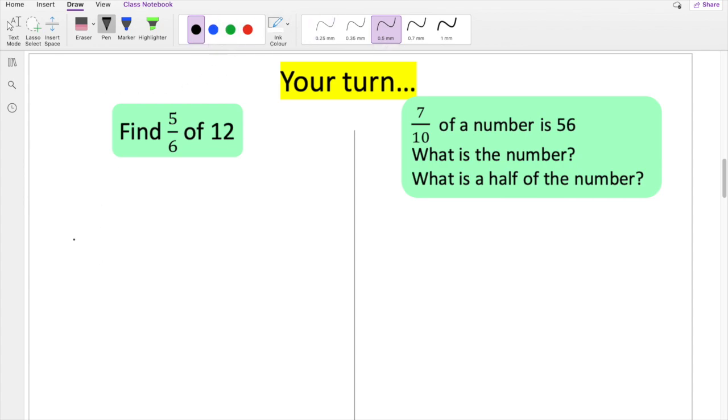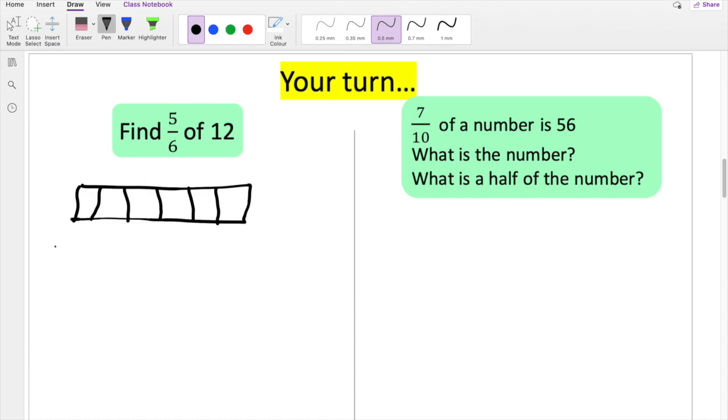Okay, so I'm going to start off by answering the question on the left hand side with the use of a bar model. I need to split it into 6 equal parts because that is what my denominator is. I know that the whole rectangle represents 12, and I need to find 5/6 of 12.